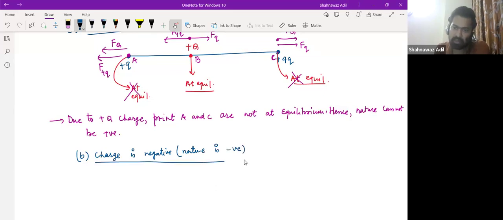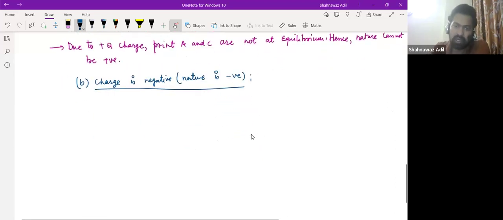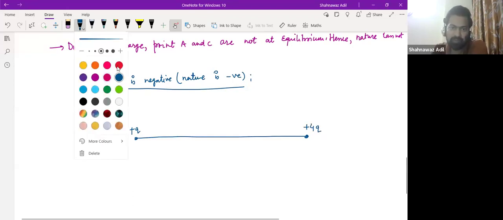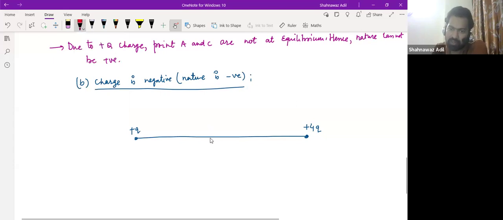So let's try to fit this scenario. Again, we have plus Q and plus 4Q, and we are putting a charge which is minus Q, and the whole system A, B, and C is at equilibrium.